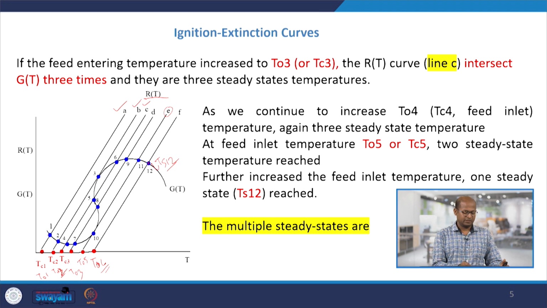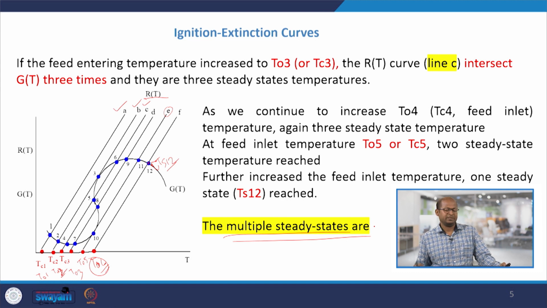This point is TS12 when we are feeding the reactant at feed temperature T06. This way, from the left hand side to the right hand side, as we change the feed inlet temperature, we can see how many different steady state temperatures there will be inside the reactor when we conduct the reactions. That is called multiple steady state possibilities, depending upon the feed inlet temperature.